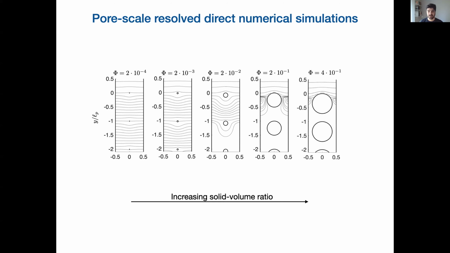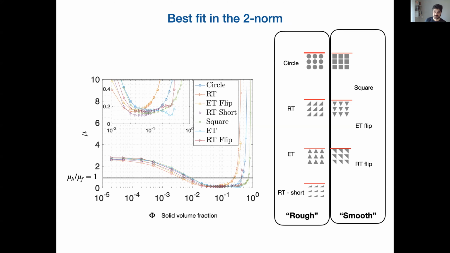So having these direct numerical simulations, we can volume average them, and then minimize the 2-norm by choosing delta in the Brinkman solution, determining the mu that minimizes the error between the direct numerical simulations and a model using the Brinkman equation.